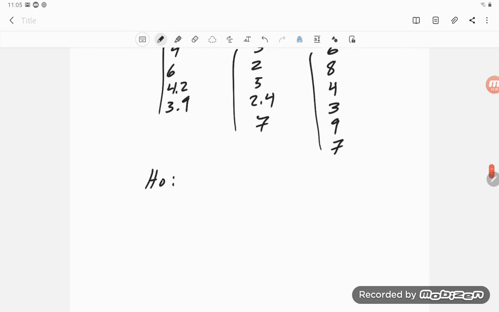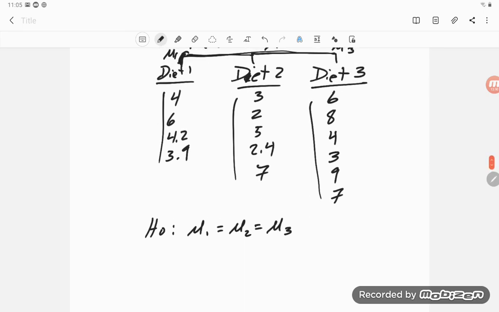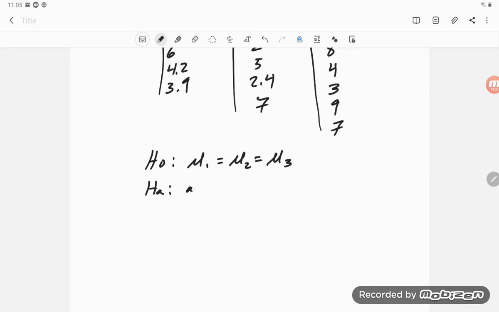So we're asking, does it look like the data here all came from the same populations with the same kind of means? And then the alternate is at least one is different.